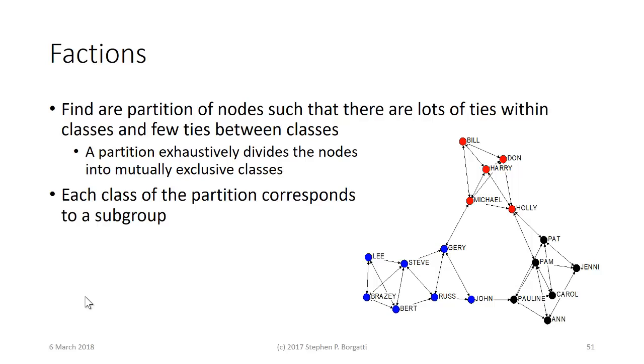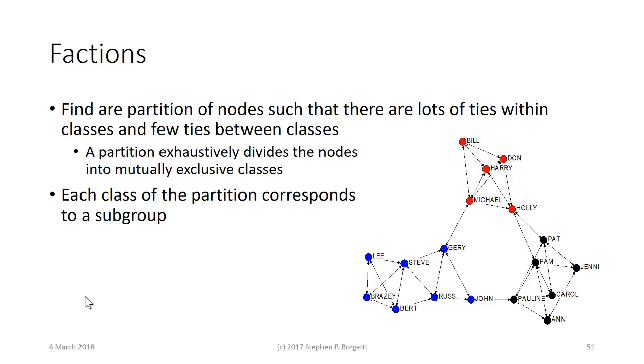It says, give me a network, and then find a partition of nodes that exhaustively divides the nodes into mutually exclusive classes. And by the way, you have to tell me how many classes there are. So you tell the program, show me what the best solution would be if I wanted 2 classes, if I wanted 3 classes, 4 classes, and 5, and so on.